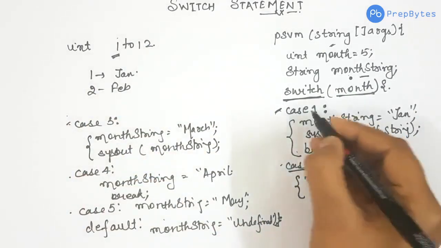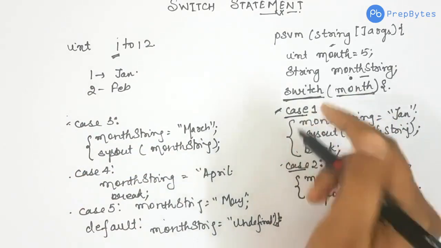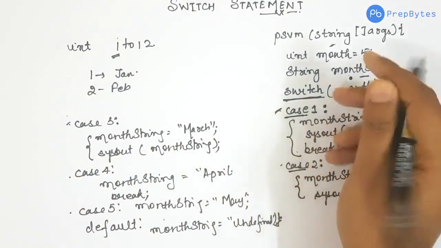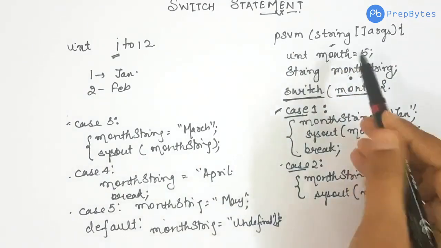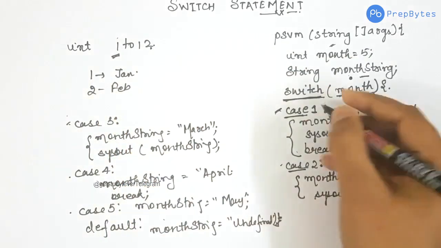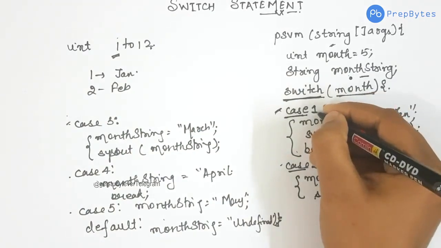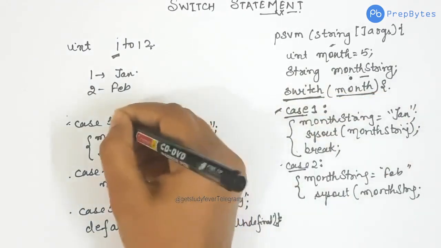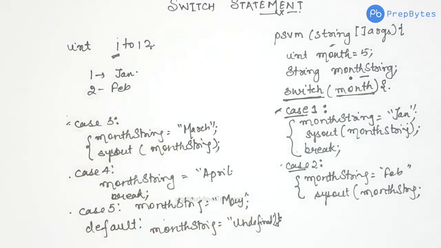statements. So we are writing case. Case is the keyword, and 1 is something that keeps on changing. Here we are taking month, which can have a value from 1 to 12. So it will have value from case 1, case 2, case 3, case 4, case 5. If it would have been something else, like a string, we could have taken it the other way: based on the value of the string, print the month number.